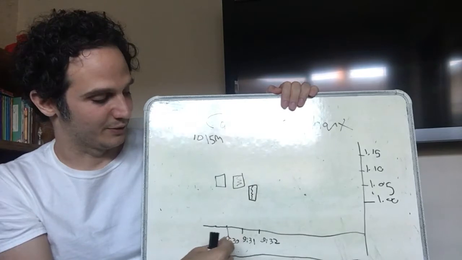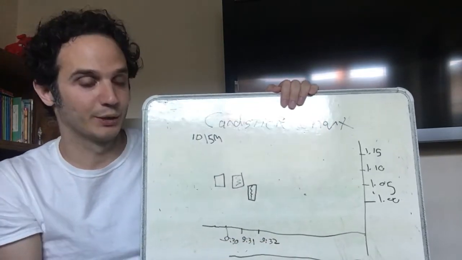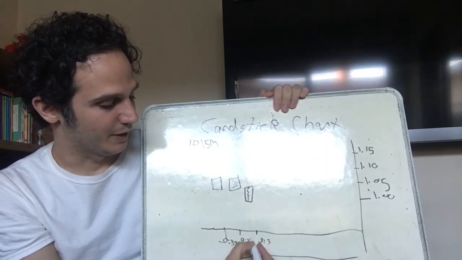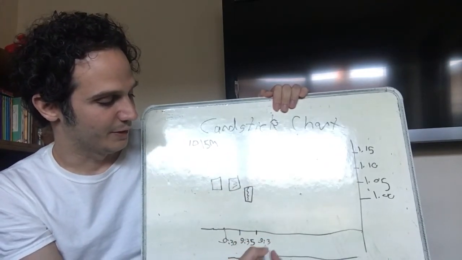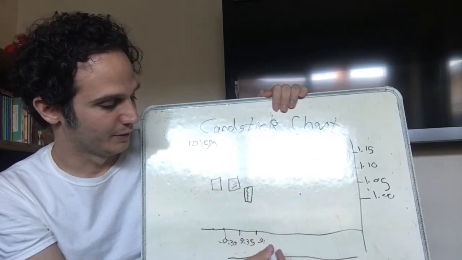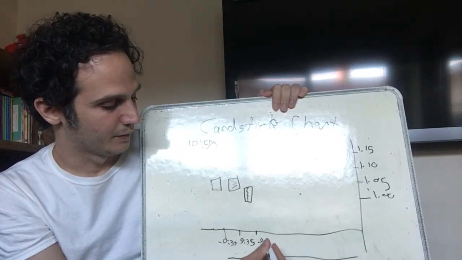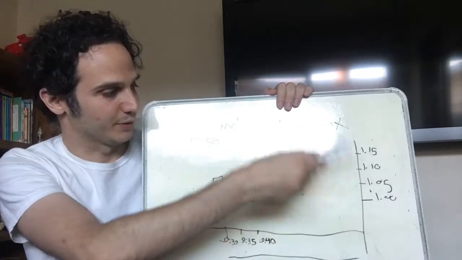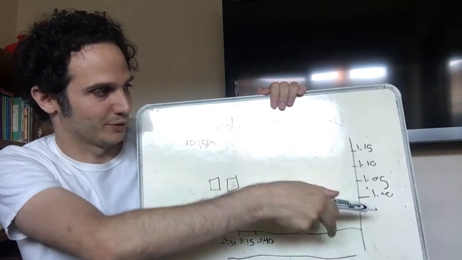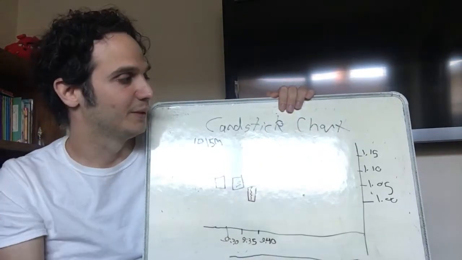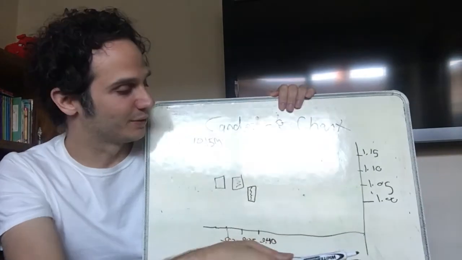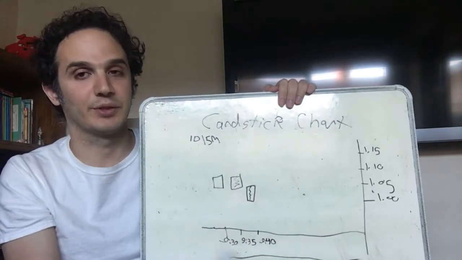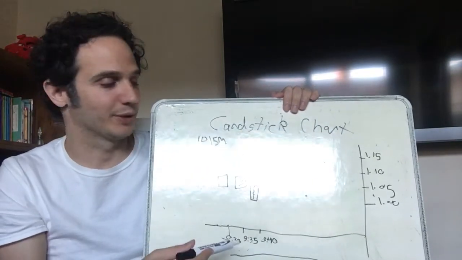Instead of seeing 9:30, 9:31, 9:32, maybe you will see 9:35 and then 9:40. The price will stay the same, but down here the time will change depending on what time frame you're looking at.